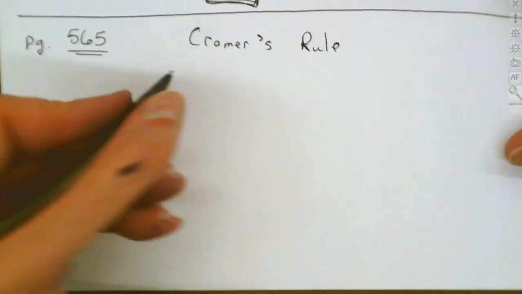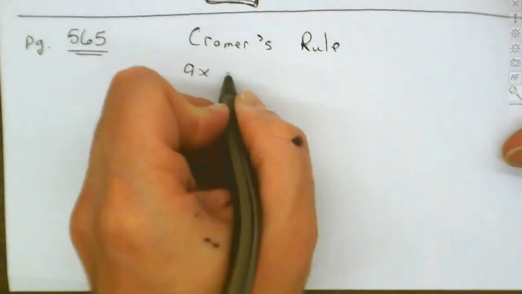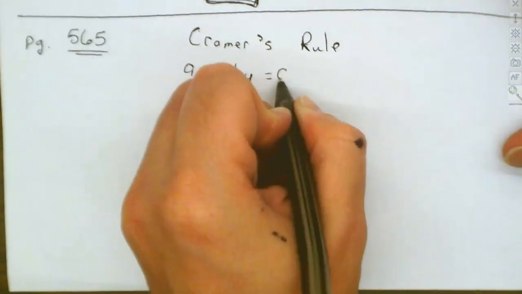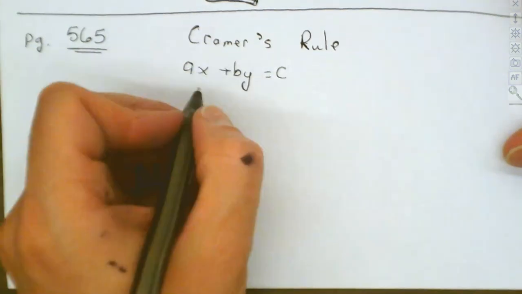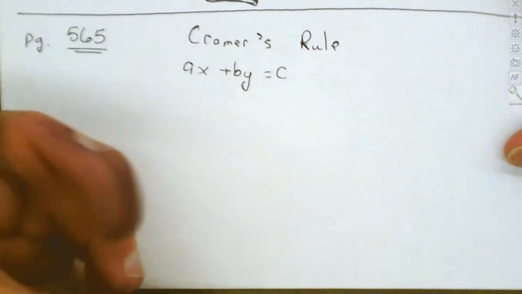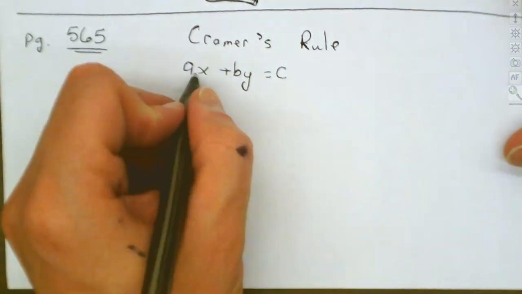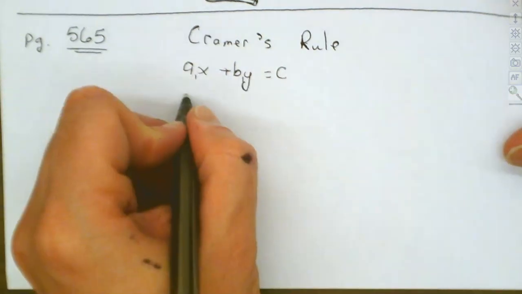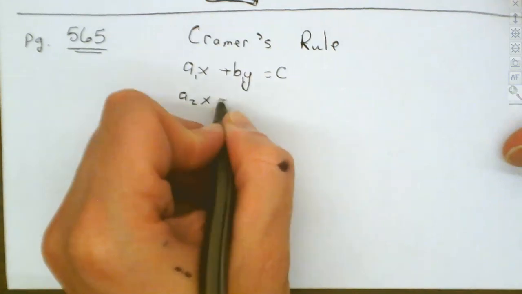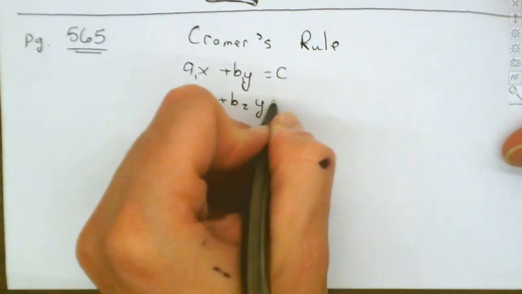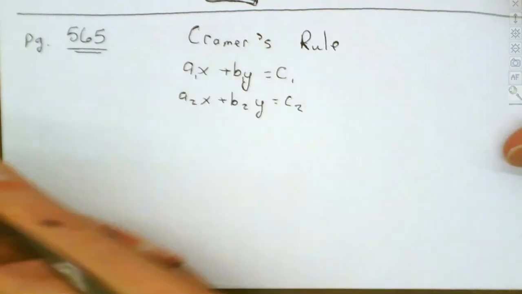And Cramer's rule is for something like this. a1x plus b1y equals c1. And then I'll use the same variables they have. And then we've got a2x plus b2y equals c2. Okay, so it needs to look like this.